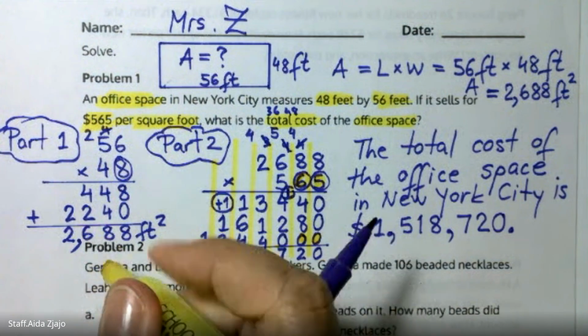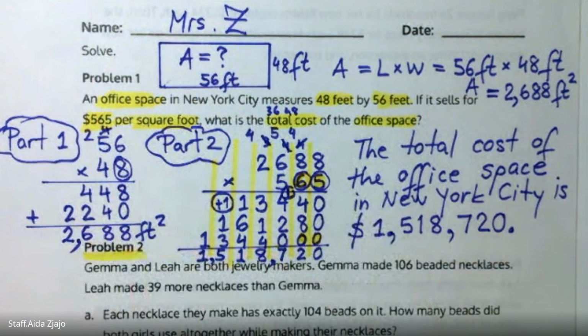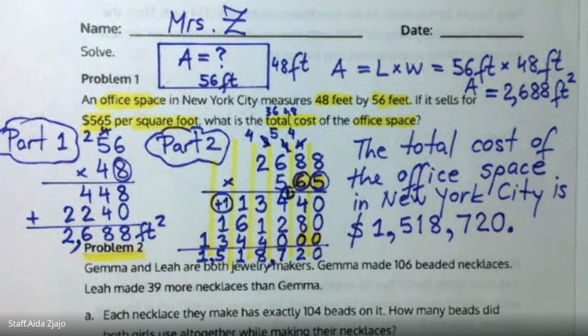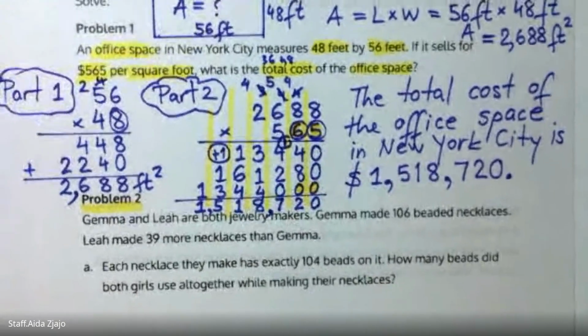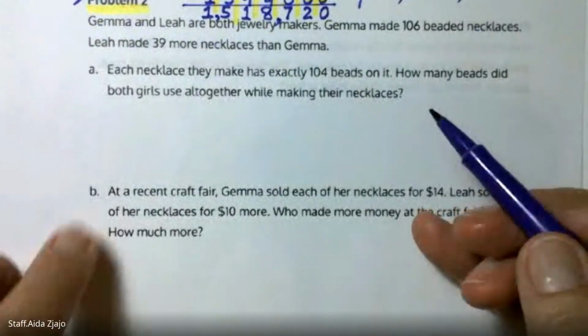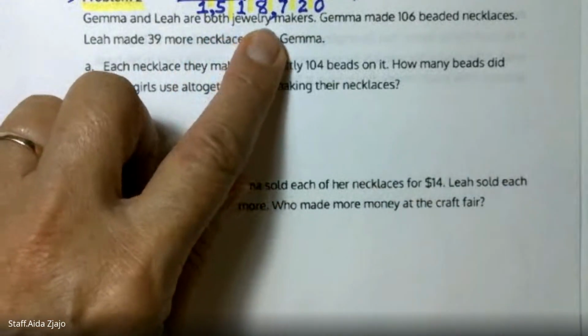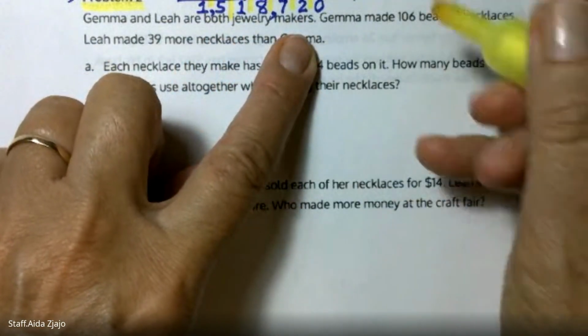Right, guys, that was just problem 1. Now we are up to problem 2. Let's see what problem 2 says. Gemma and Liam are both jewelry makers.